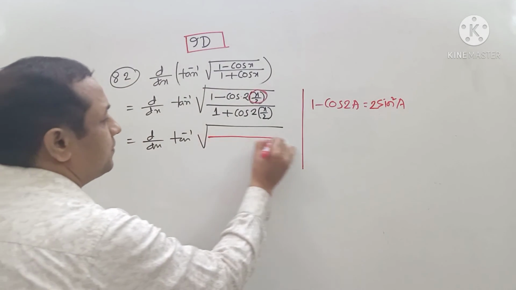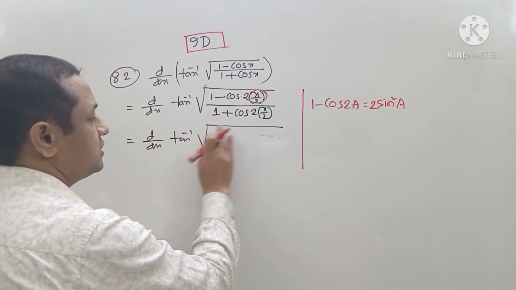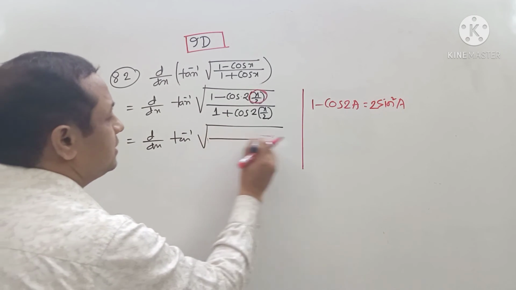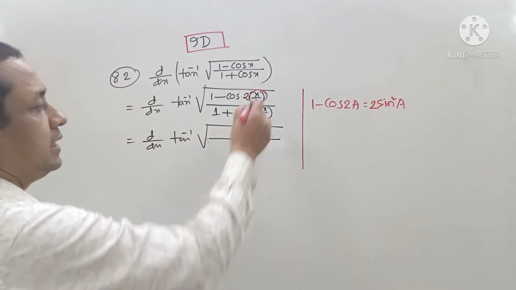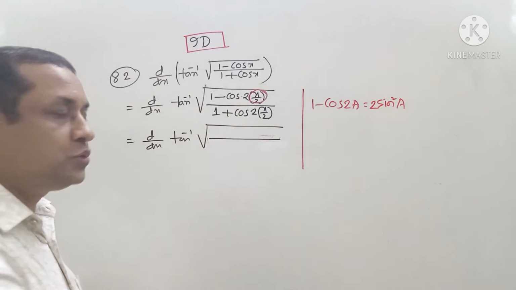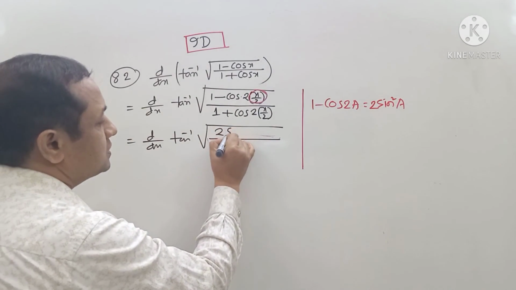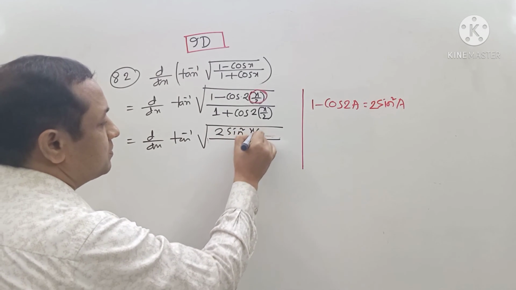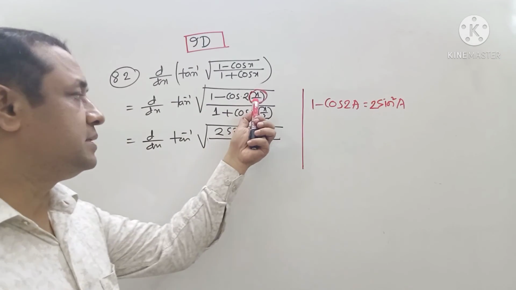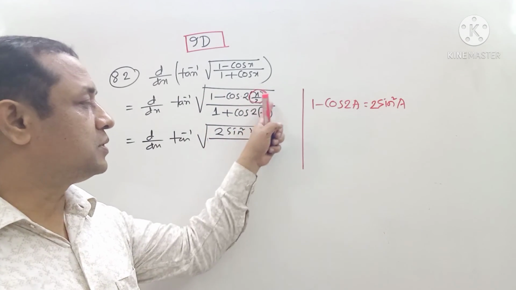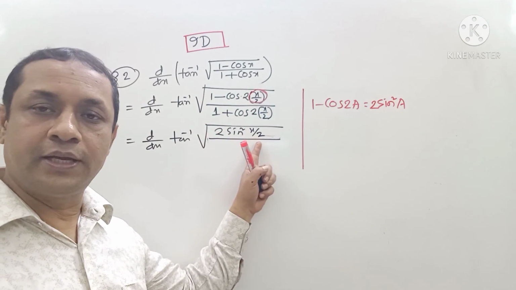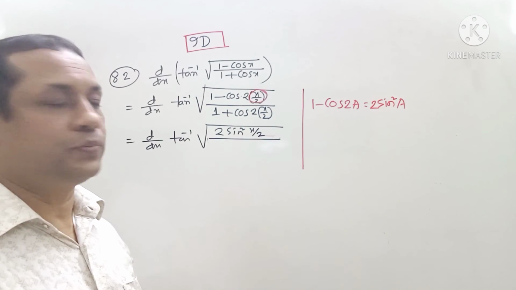So using this formula in the numerator, where a means x/2, we get 2 sin square x/2.